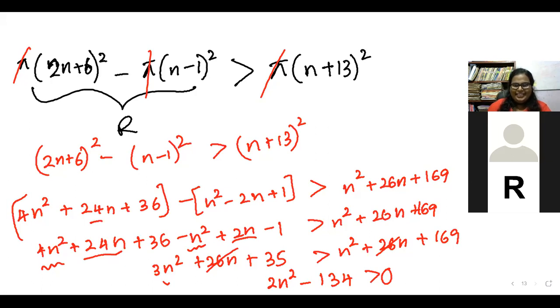Okay, okay. Then we can solve this one as 2n square minus 134 greater than 0. And we can simplify this one as 134 divided by 2.